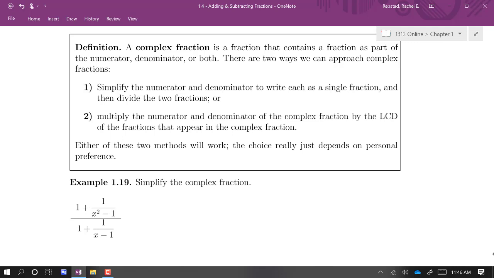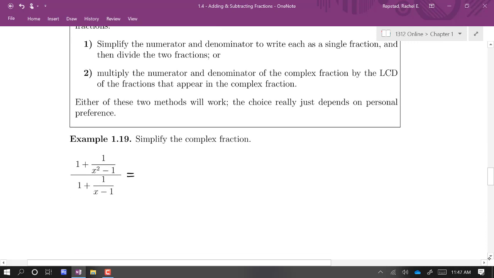Another method, which I kind of like, which I find a bit more efficient, is simply to identify the least common denominator of all the little fractions that appear in the big fraction, and then multiply the top and the bottom by that LCD. So if we take this approach here, I'm going to start by factoring the denominator of this top here, so that'd be x plus 1, x minus 1.